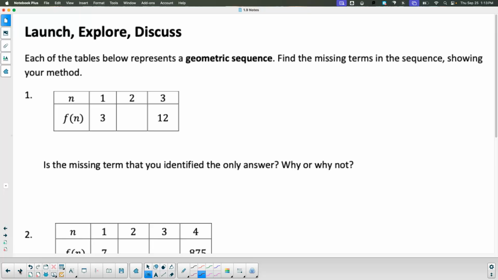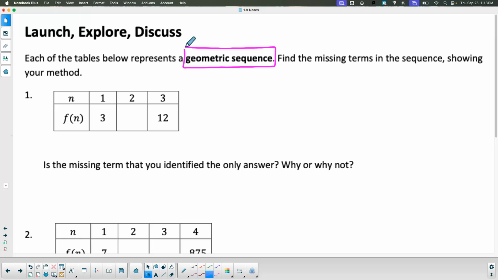With geometrics, now knowing that we are going to be in geometrics, what do we do to get the next term in a geometric? What's our mathematical operation? We're going to multiply to get the next term. Never divide, always multiply.